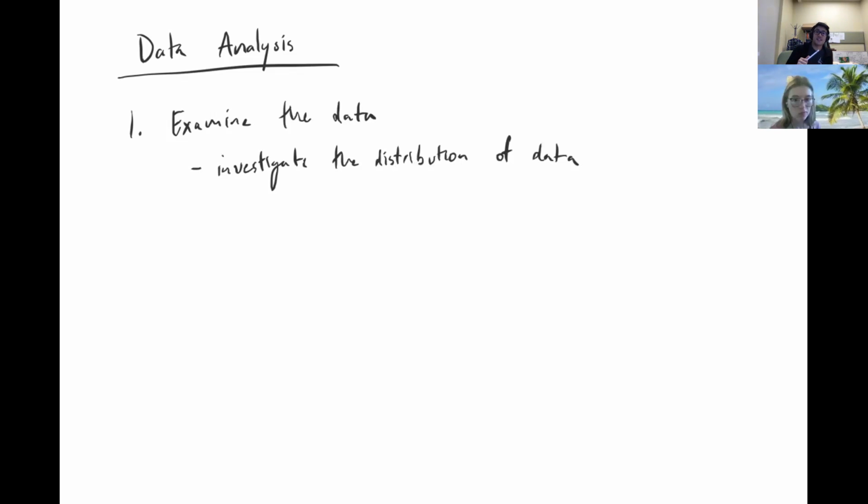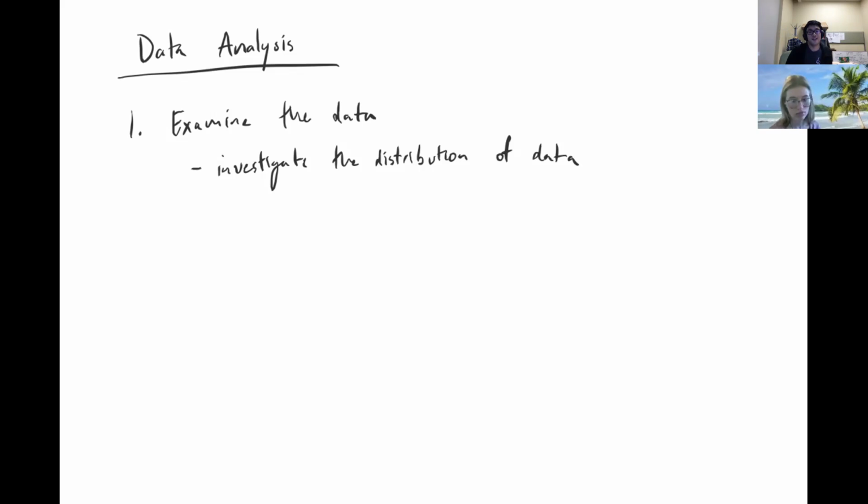I think it's often a really big mistake to not look at the data carefully, to just load it in and start running models.